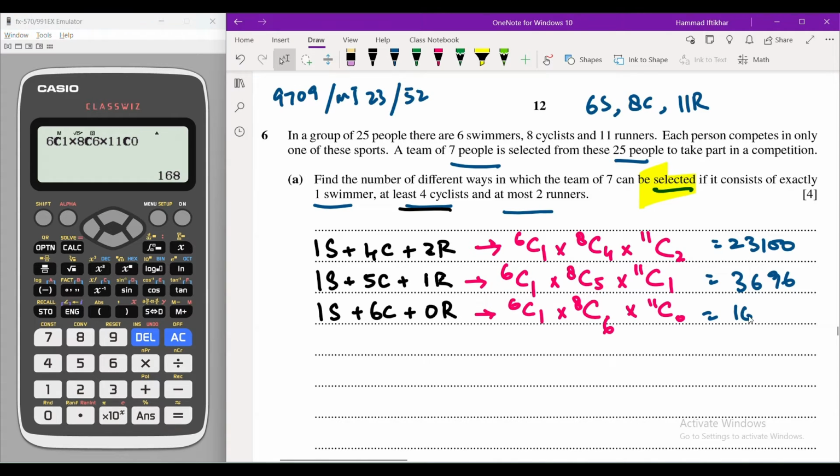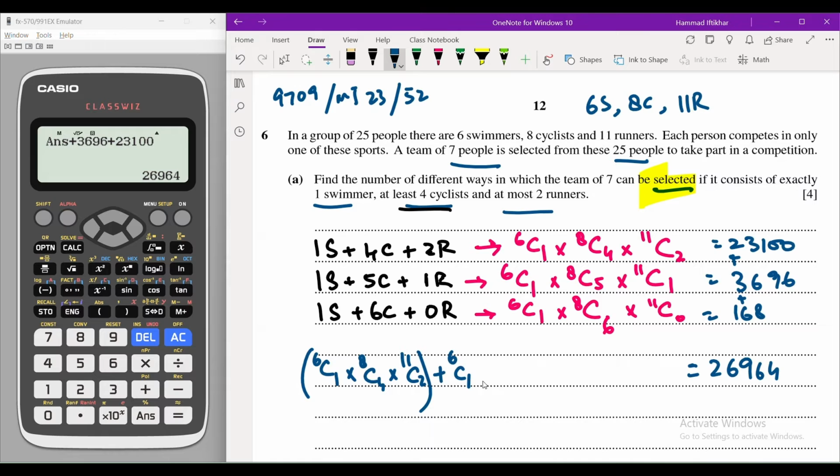We get 168. So 168 plus 3696 plus 23100, we get 26964 number of ways. So we can also write it like this: 6C1 times 8C4 times 11C2 plus 6C1 times 8C5 times 11C1 plus 6C1 times 8C6.